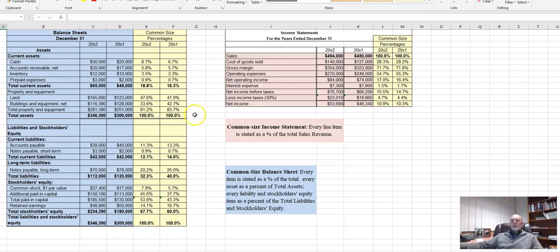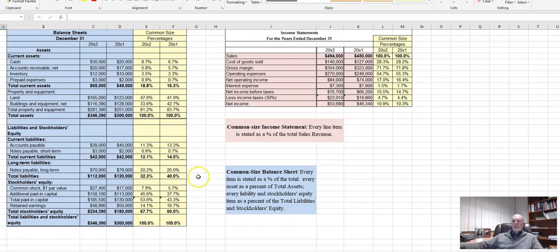So we see that assets represent 100%, and here's the composition of the balance sheet above it. If we do that for each year listed, then we can compare between years and see how the makeup of the balance sheet is changing over time.